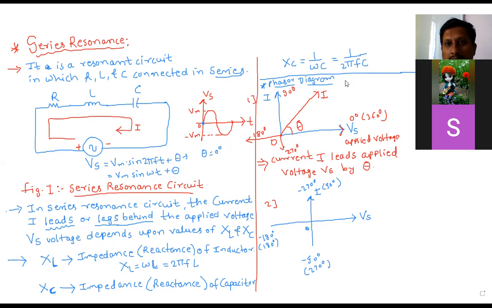Now in this case, if the current is coming like this, current is somewhere here, so what you can say, this angle is theta. Now the conclusion from this phasor diagram is, current I lags behind Vs by angle theta.